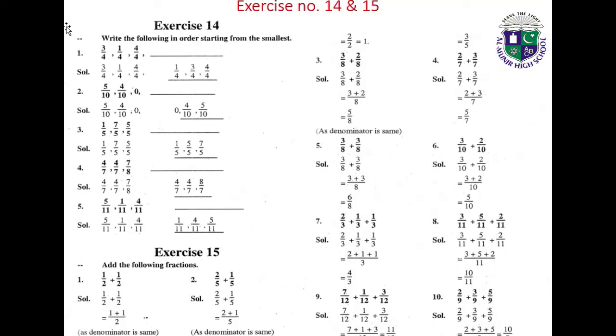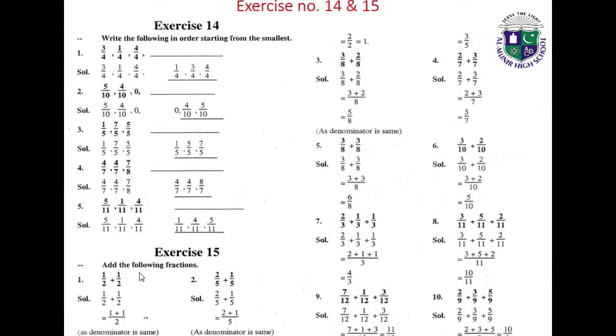Next, 4 over 10 and 5 over 10 in order. 1 over 5, 7 over 5, 5 over 5: order is 1 over 5, 5 over 5 and 7 over 5. 4 over 7, 7 over 8 and 8 over 7. 5 over 11, 1 over 11 and 4 over 11: 1 over 11, 4 over 11 and 5 over 11 is the ordered fractions.